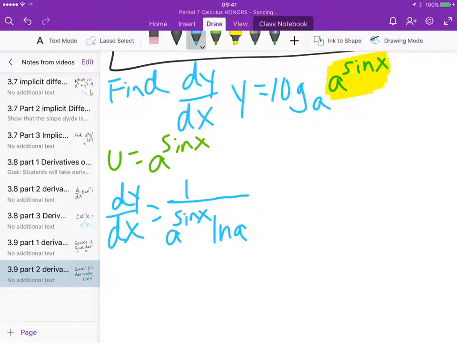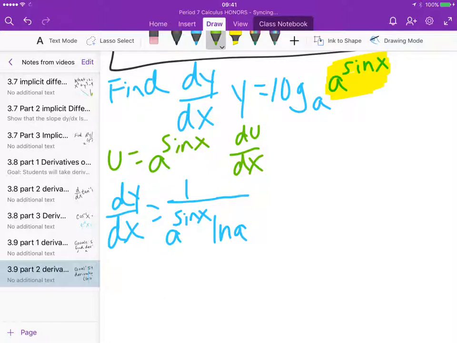Well, u is a to the sine x. So I need to find what du dx is going to be. So think about it for a sec. We need to multiply it using our chain rule. So we have kind of an interesting situation. We have a to the sine x, finding its derivative.